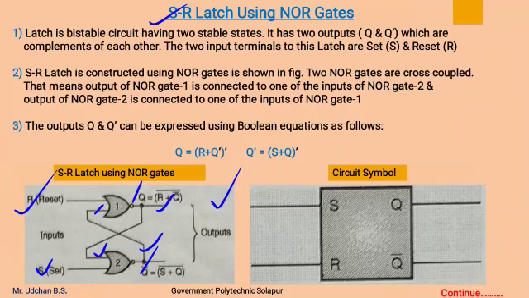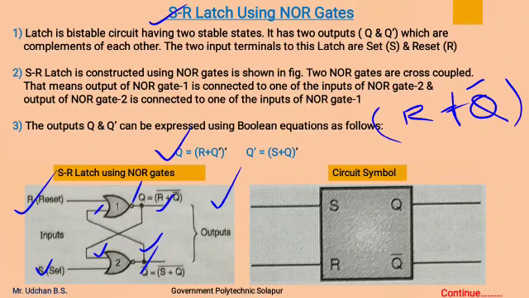The outputs Q and Q complement can be expressed in the form of Boolean equation as Q can be written as (R plus Q complement) whole complement, as this first NOR gate is having input as R and Q complement.